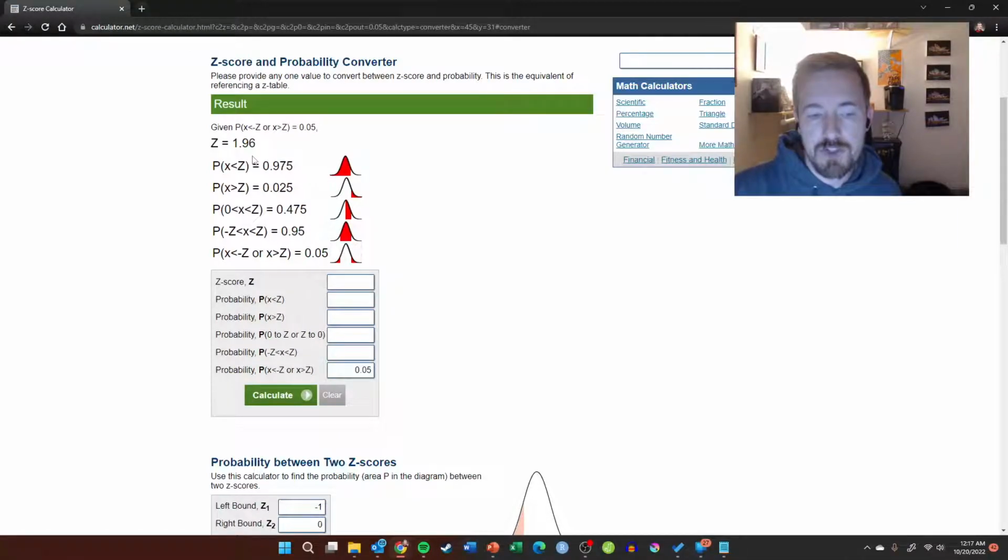So we have 2.5% over on the left tail, 2.5% on the right tail. And so when we do a two-tailed or bidirectional hypothesis test, that is the z-critical that we're going to be using, 1.96. Basically, we need our z obtained to exceed positive 1.96, or be lower than negative 1.96.